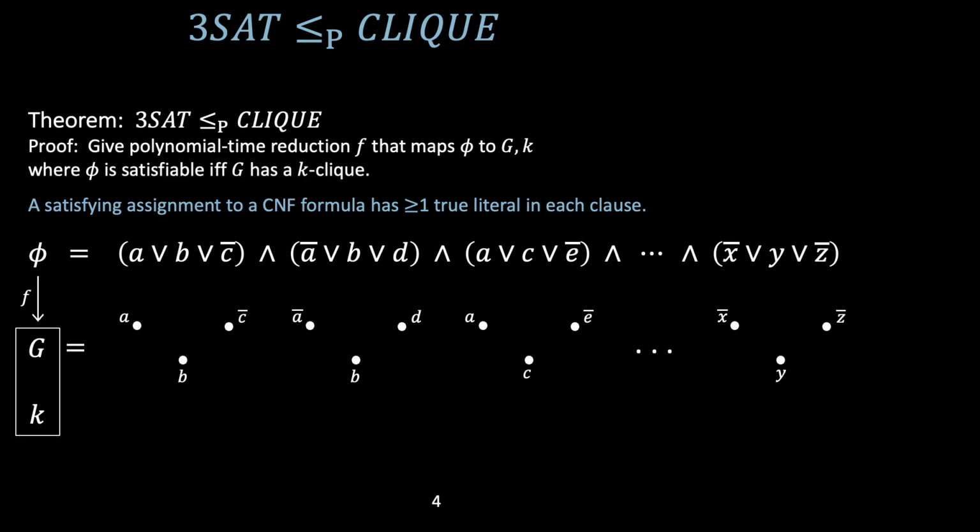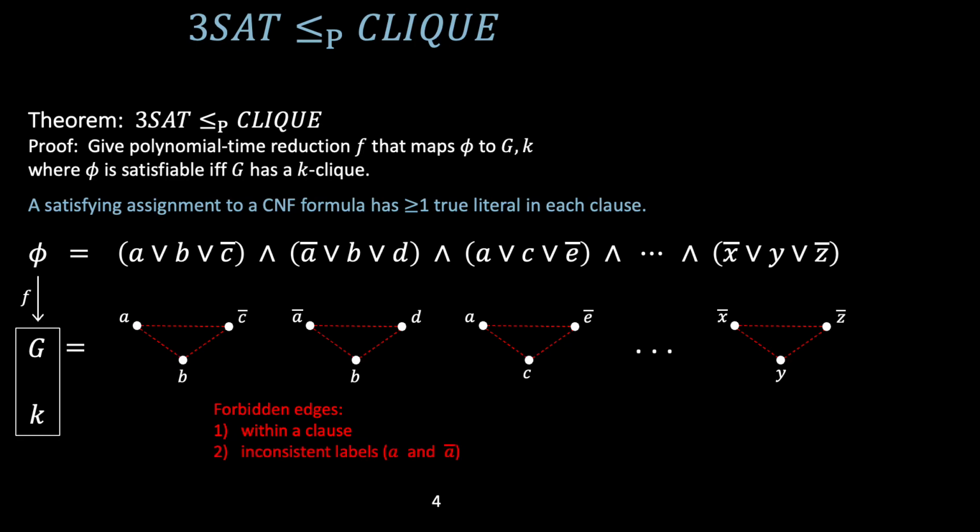It's a graph, so I need to think about edges. Well, I'll talk first about forbidden edges. There are going to be no edges within a clause. And I am not going to be able to have inconsistent labels, so there are no edges between A and not A. G is going to be the graph that has all non-forbidden edges.